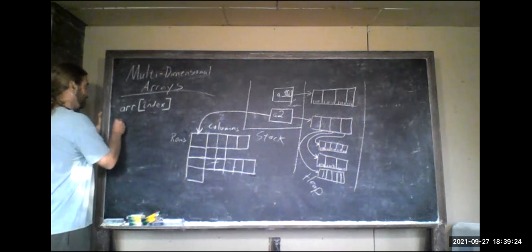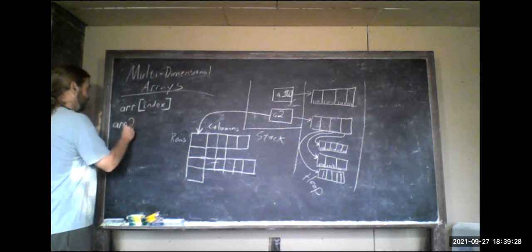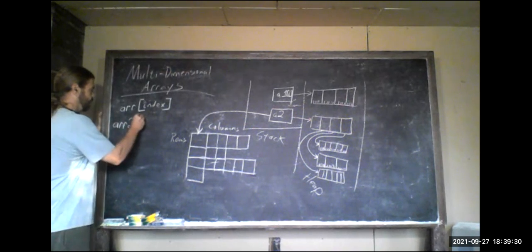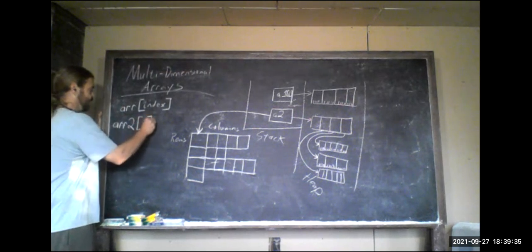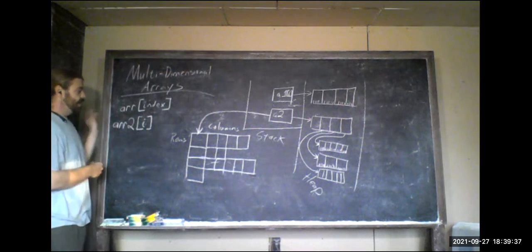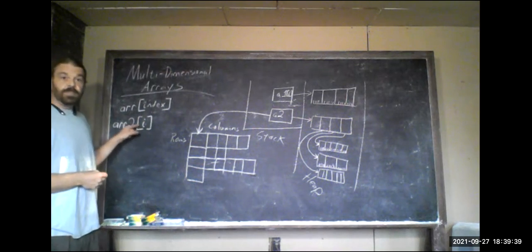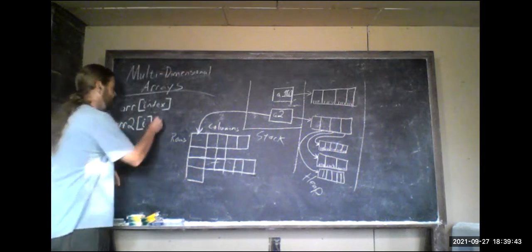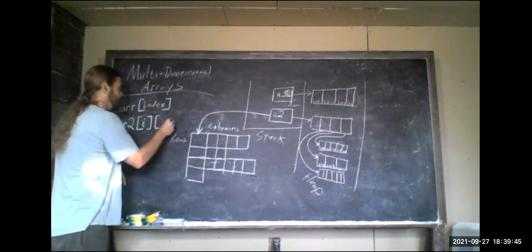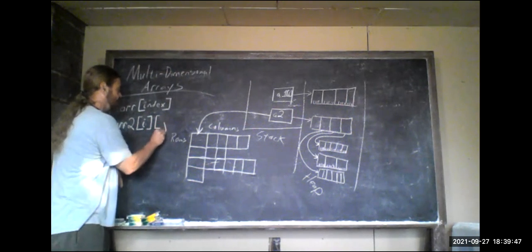That pattern can continue. So I'll do ARR2, and we have the square brackets. I'll put an I in there this time to stand for index, to say, well, this is an array, but it's an array filled with arrays. We can add another set of square brackets with a second index.